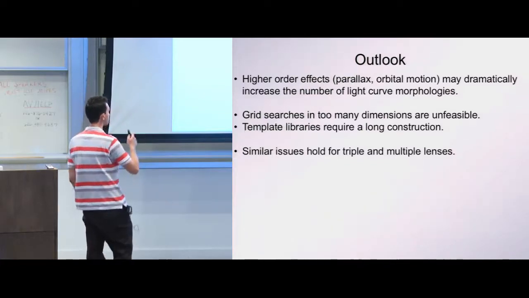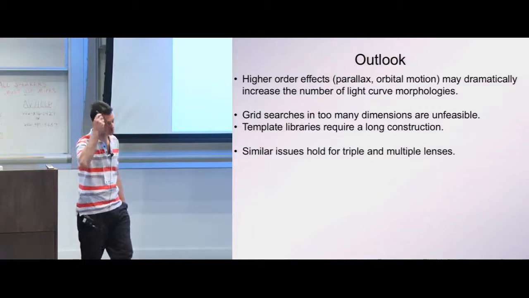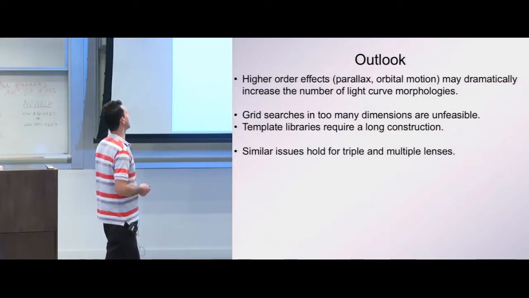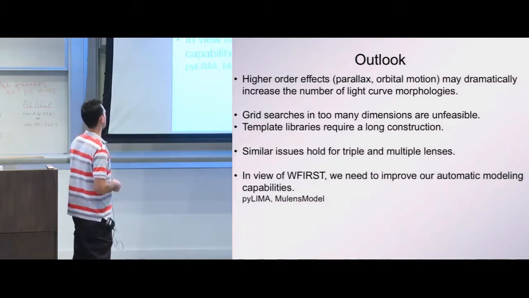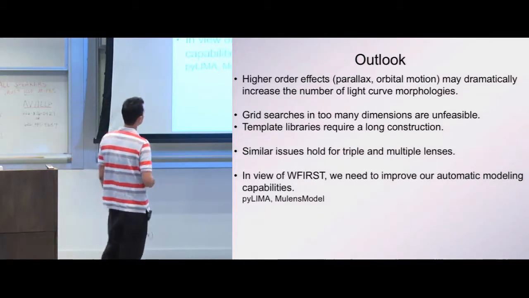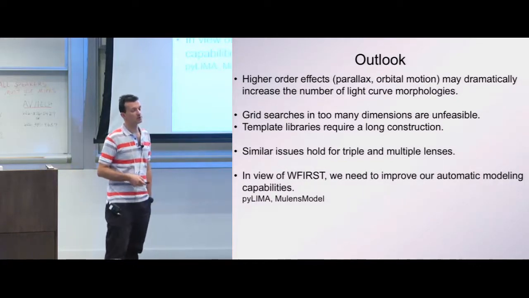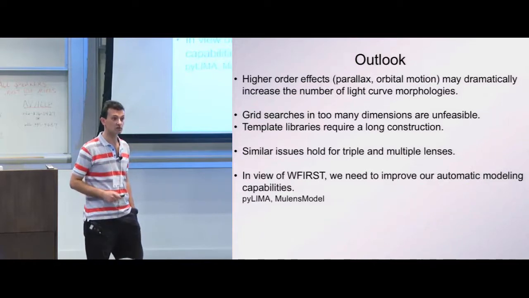The same holds for triple and multiple lenses. For triple lenses, running grid searches may become unfeasible, so we need a clever approach also in this case. In view of WFirst, of course, we need to improve our automatic modeling capabilities because we need to model most of the microlensing events more or less automatically.